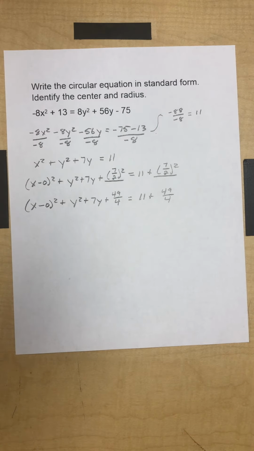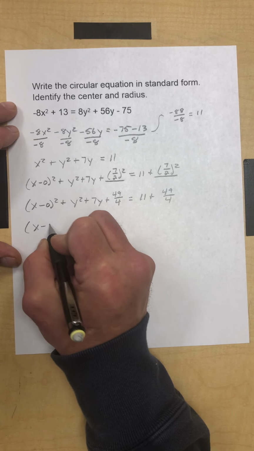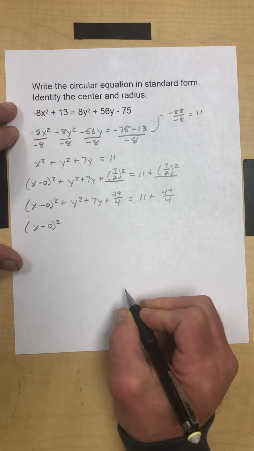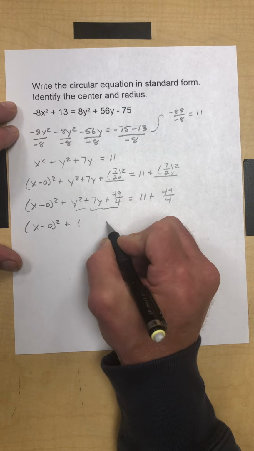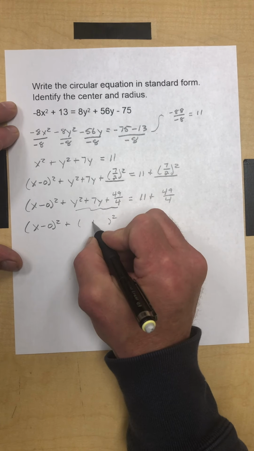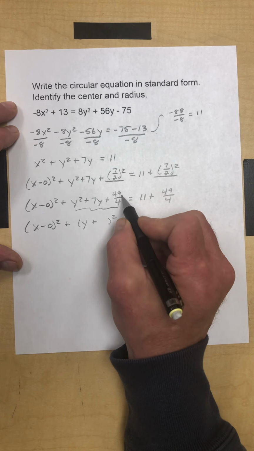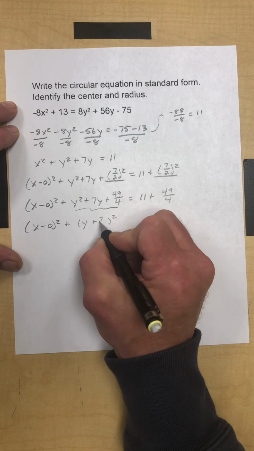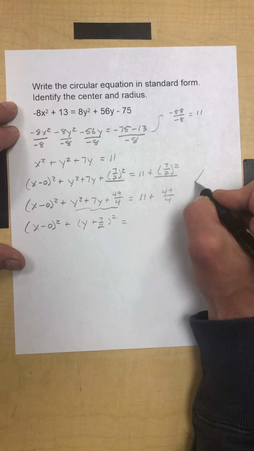Okay. All right, so let's see. I've got my x minus 0 squared. Okay, this is a perfect square trinomial, so I've got to factor that into the square of a binomial. Bring the sign of the middle term down. The square root of y squared is y. The square root of 49 fourths is 7 halves. Equals, let's see, this right here.